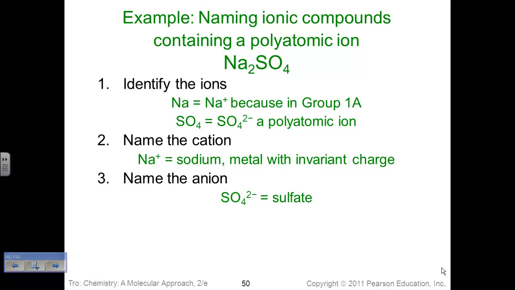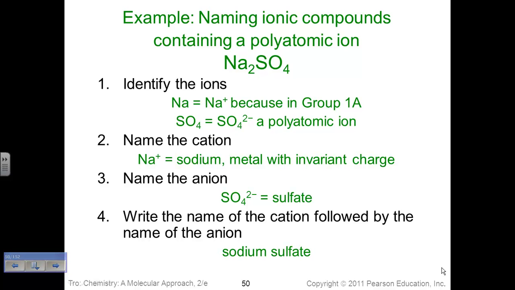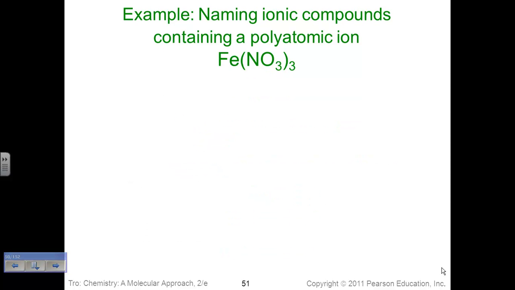When we put together the names of the ions, we come up with sodium sulfate. Sodium sulfate is the name of the compound with Na2SO4 as its formula. Notice we did not include a Roman numeral in the name. Sodium does not require one.